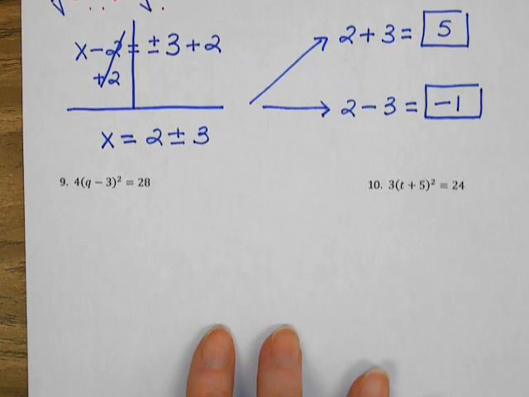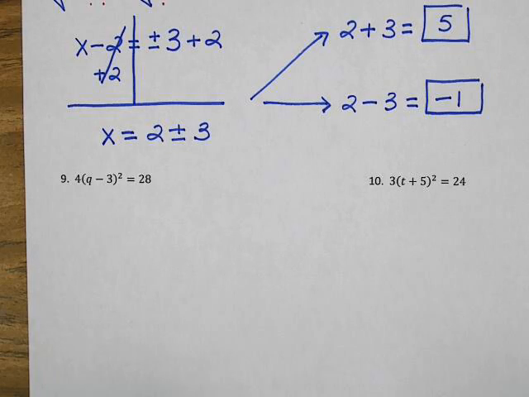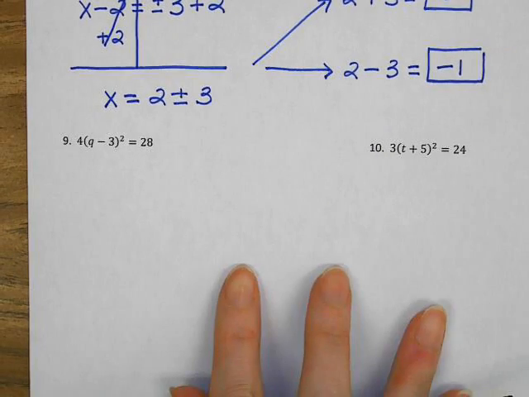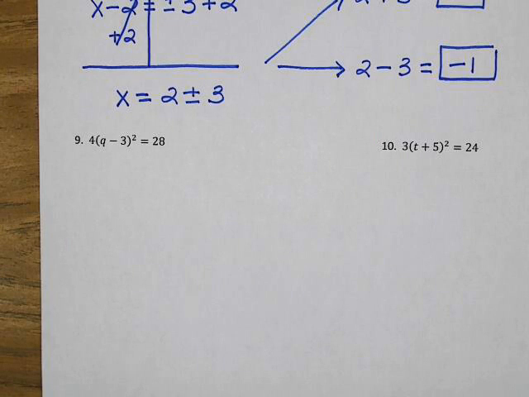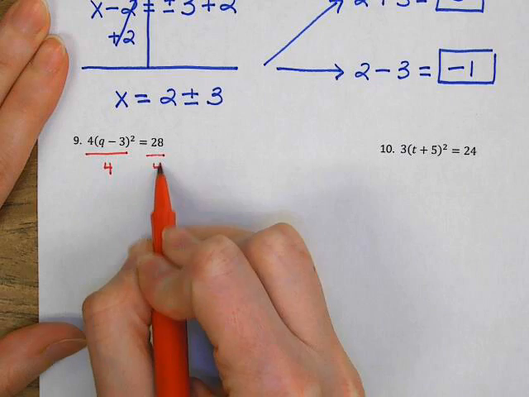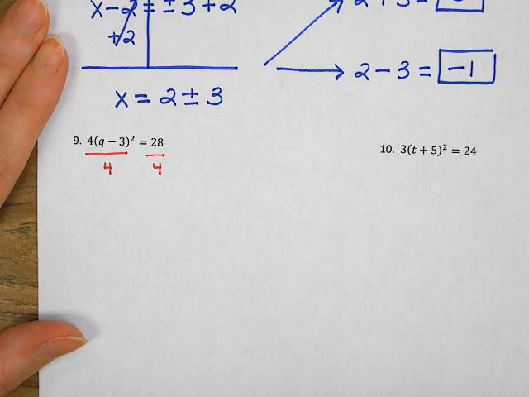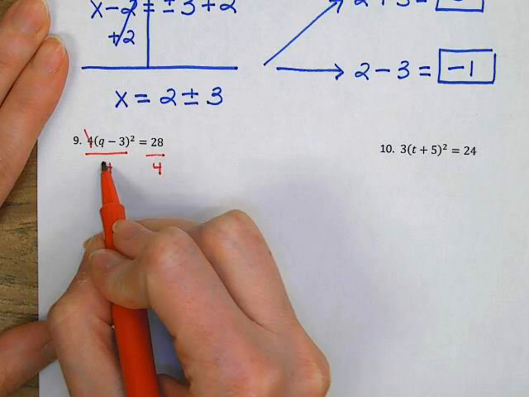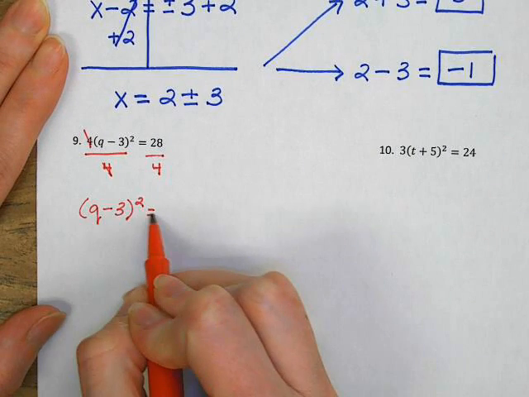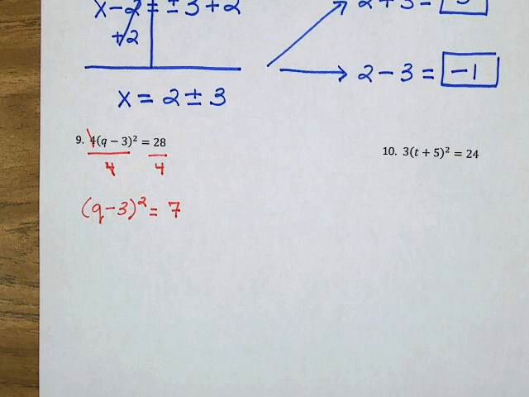And then we have two more problems for some more practice because this is not easy. Okay, number 9. Again, no distributing the 4. We need to divide both sides by 4. When you do that, you're left with (q minus 3) squared equals 7.